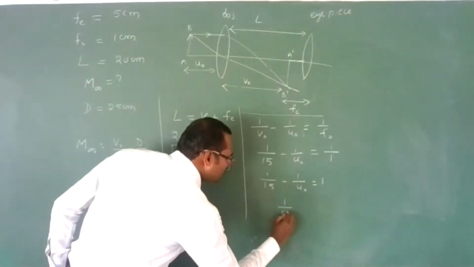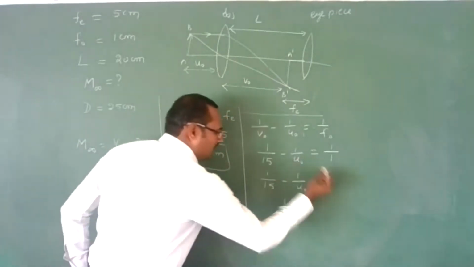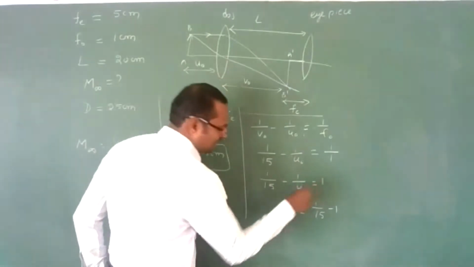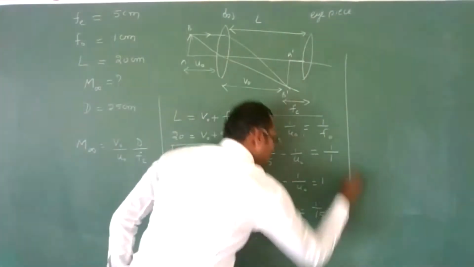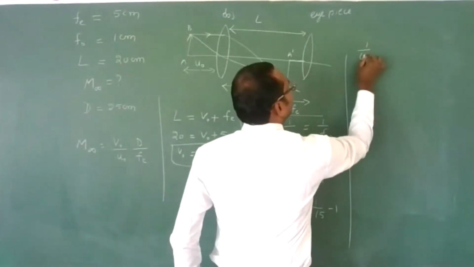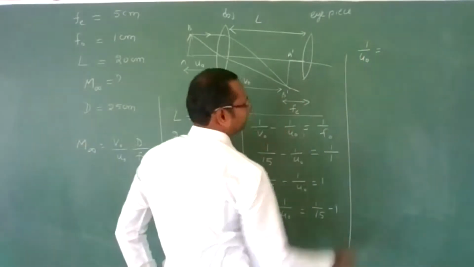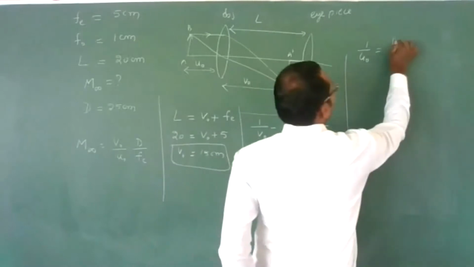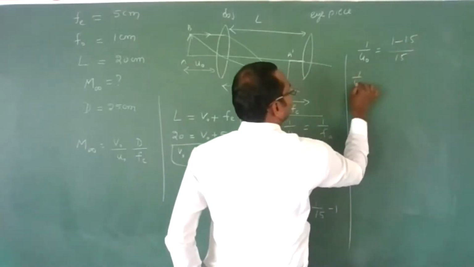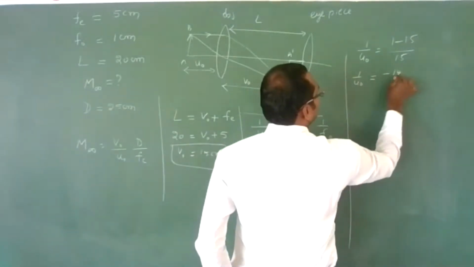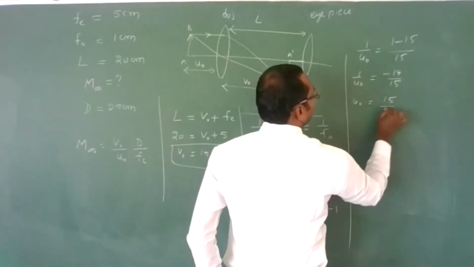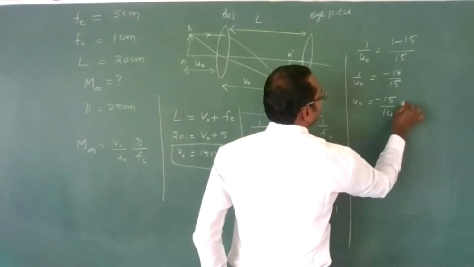So 1 by U naught is the value of 1 by 15 minus 1. 15 is the LCM. So 1 by U naught is equal to 1 minus 15 over 15, which is minus 14 by 15. Then U naught equals 15 by 14, negative sign, in centimeter.